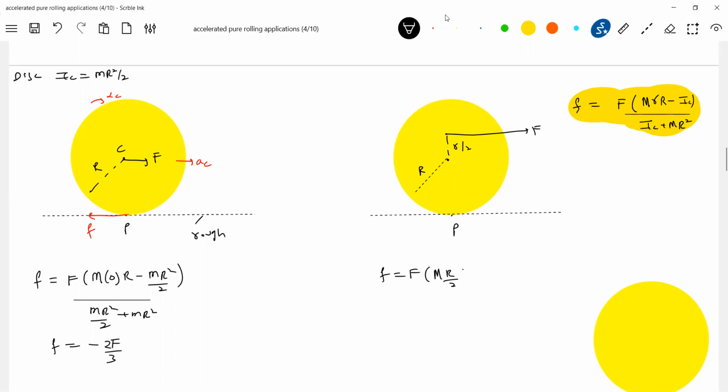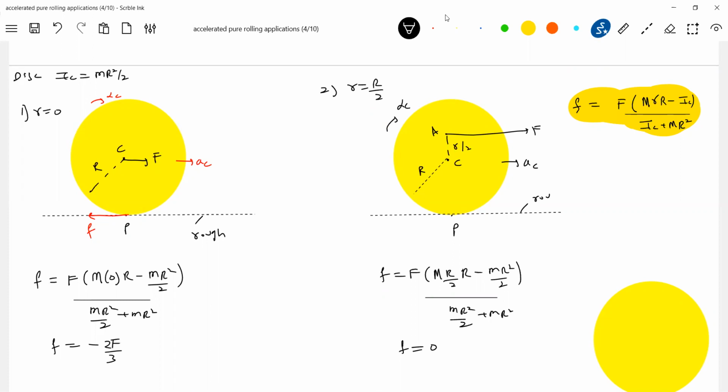Second case, so first case r equals 0. What about the second case? Small r equal to R by 2. I am getting 0. So now if I apply force at a distance R by 2 above the center of mass, the rigid body will have pure rolling and no friction will act, though this is rough.